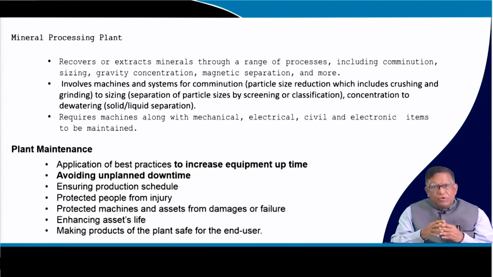You have learned those handling operations like comminution, sizing, then gravity concentration, magnetic separation, which you study in your mineral engineering classes. But this whole system involves a number of machines, like size reduction machines.